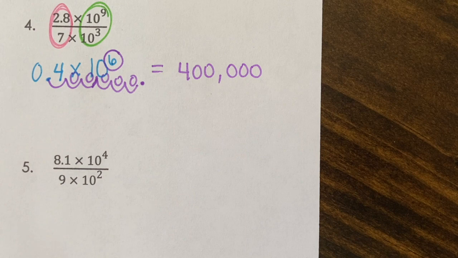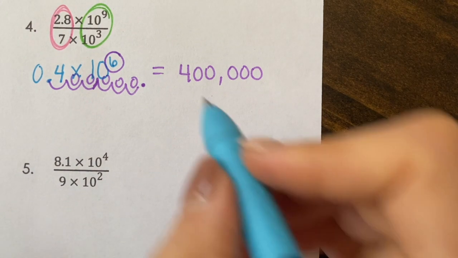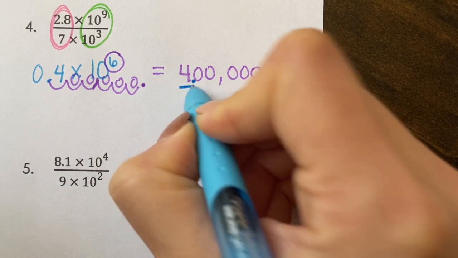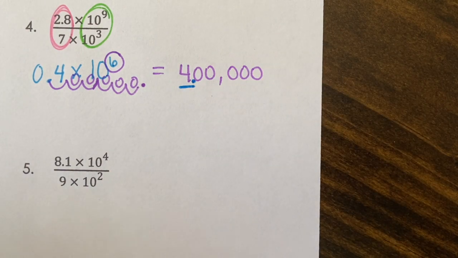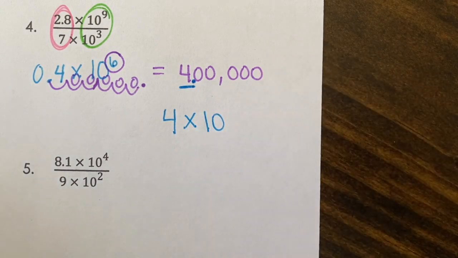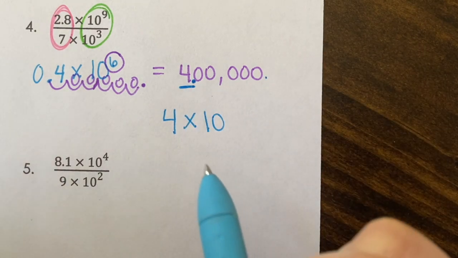So now we are going to place our decimal in the correct spot. So 0.4 was too small. It has to be a number less than 10, equal to or greater than 1. 4 fits into that. So our first number is 4. In scientific notation, we always know times 10 is in the middle. And then we count. In 400,000, our decimal was at the very end.